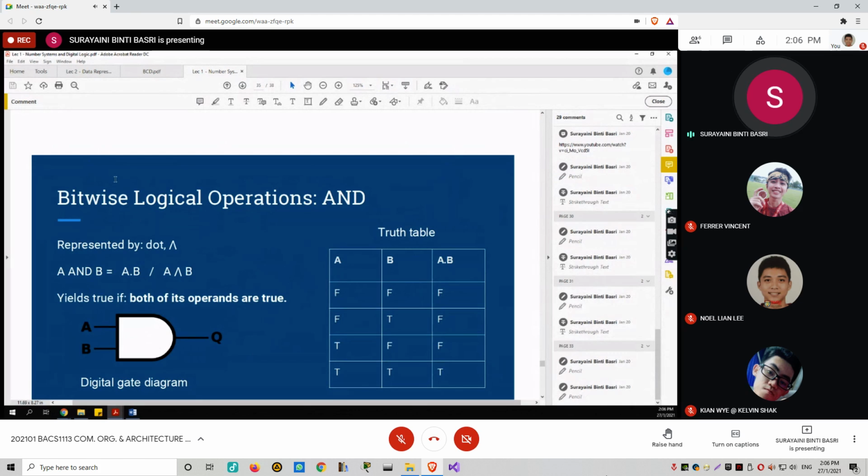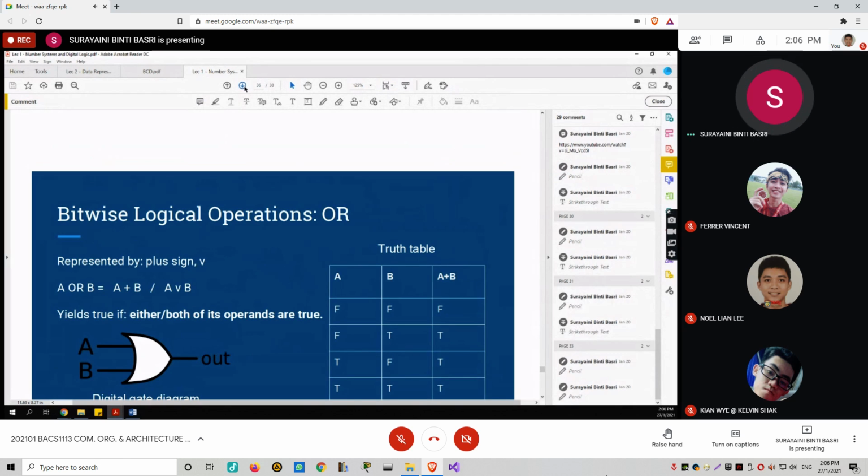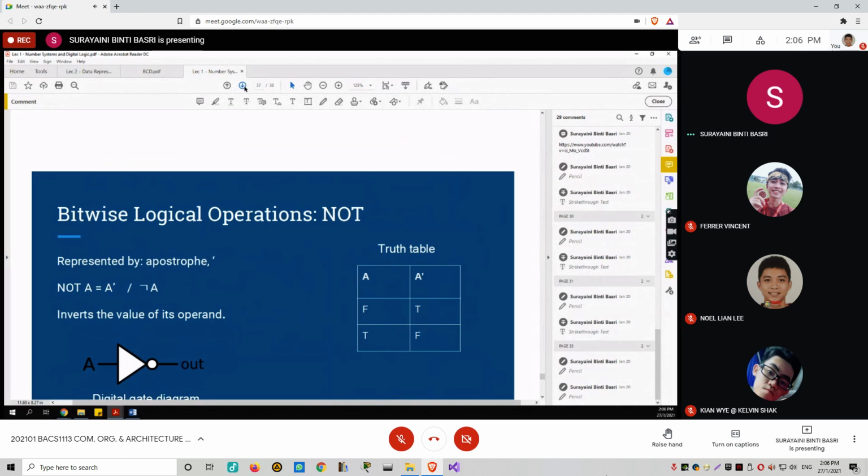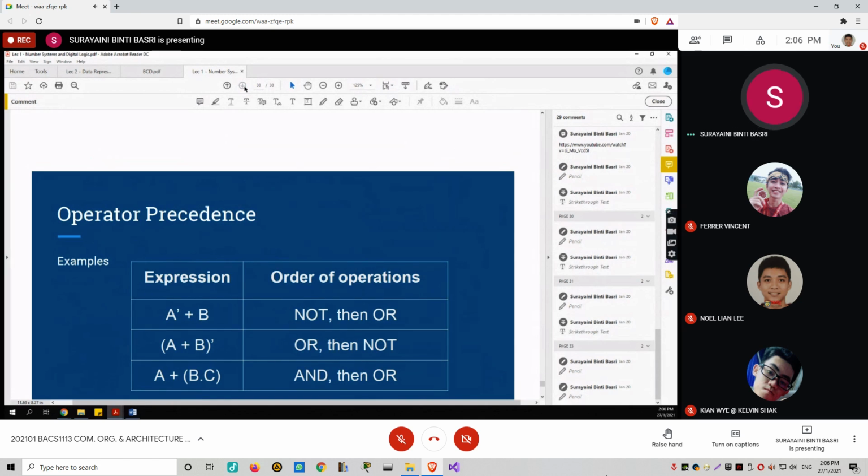For example, the bitwise logical operation AND. There are three types of bitwise logical operations, which are AND, OR, and NOT.